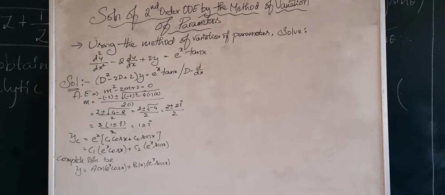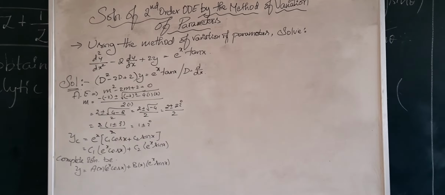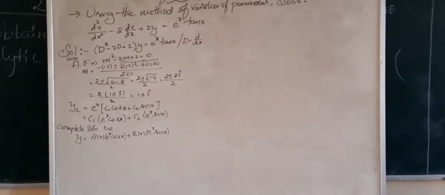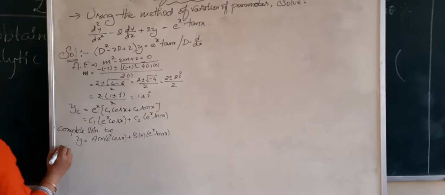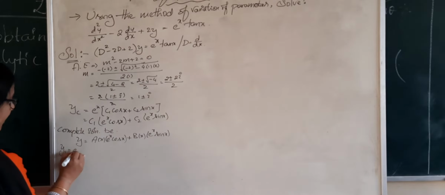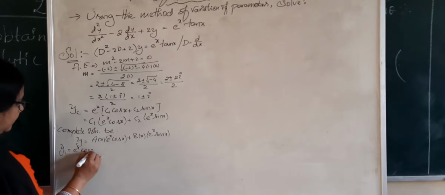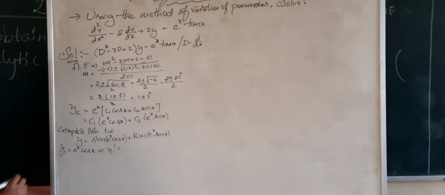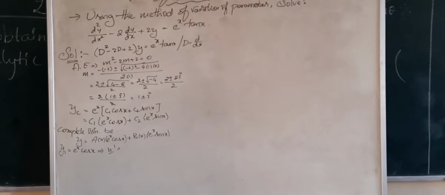Understood, guys? So there is a product of two functions here. Let us see ahead. Now we have y1 equal to e power x cos x. That implies y1 dash is equal to, you want to find the first derivative of it.